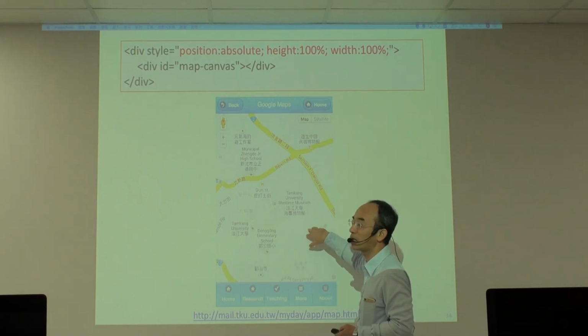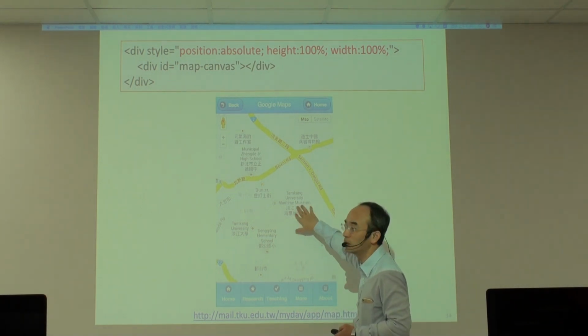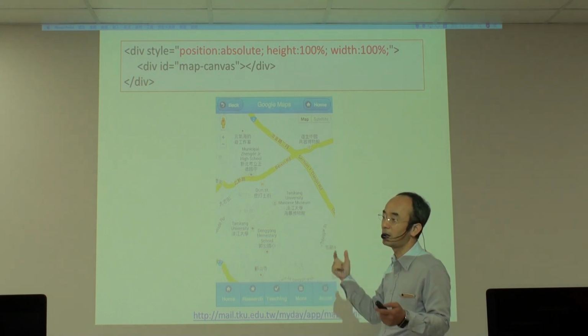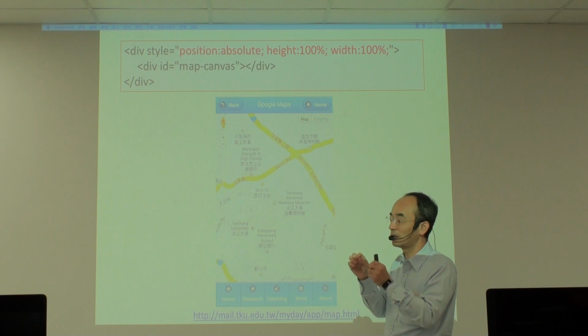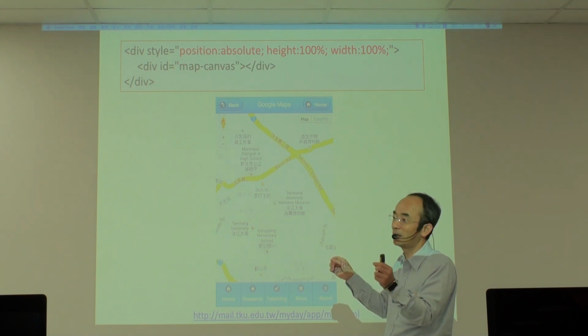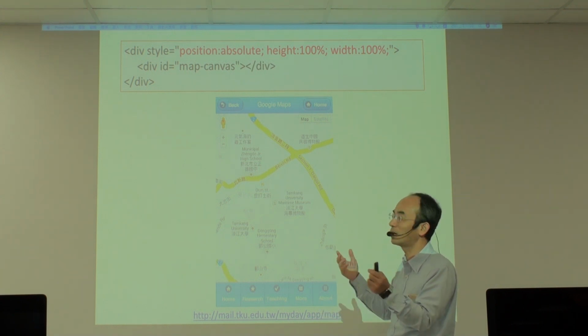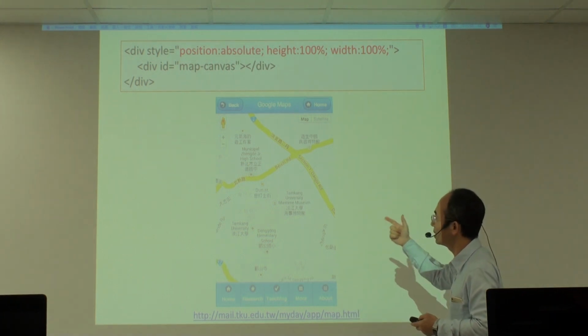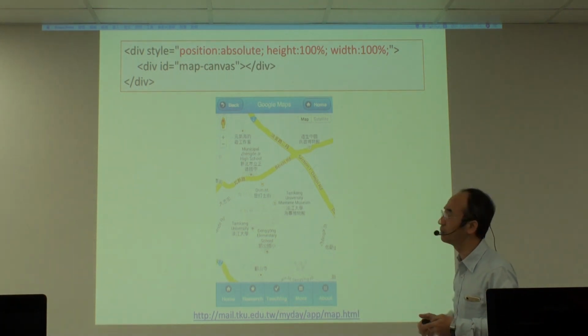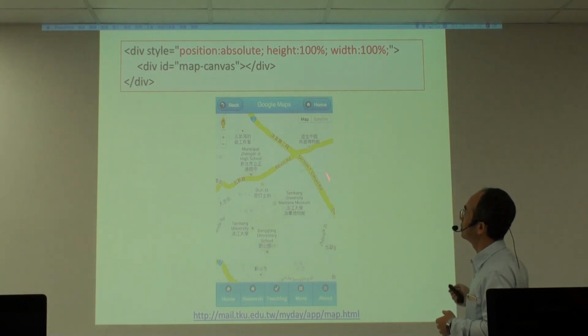For example, I would like to find the direction from TKU to that coffee shop, and Google Maps APIs will tell me how long it will take, for example 1 hour or 30 minutes, to get from TKU to that coffee shop.